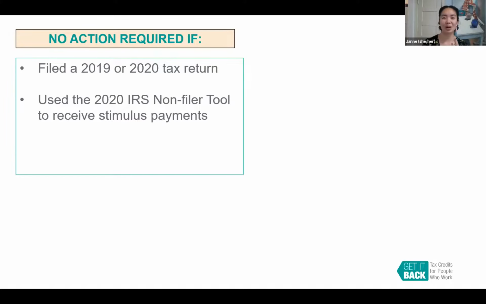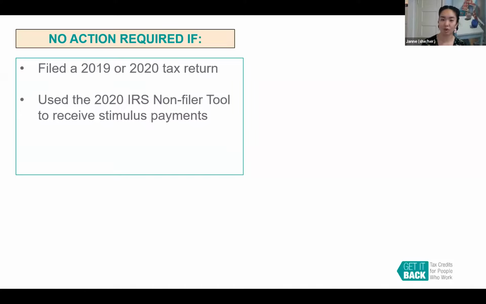Okay, so this is one of the important things to know about the CTC. A lot of folks don't actually need to take any action to get the advance payments if they filed a 2019 or 2020 tax return already, or used the 2020 IRS Non-Filer tool.